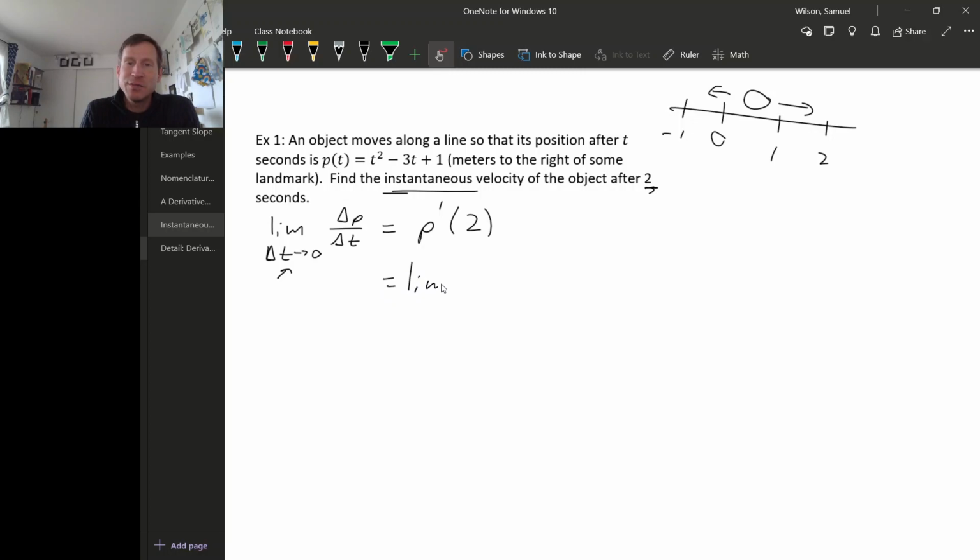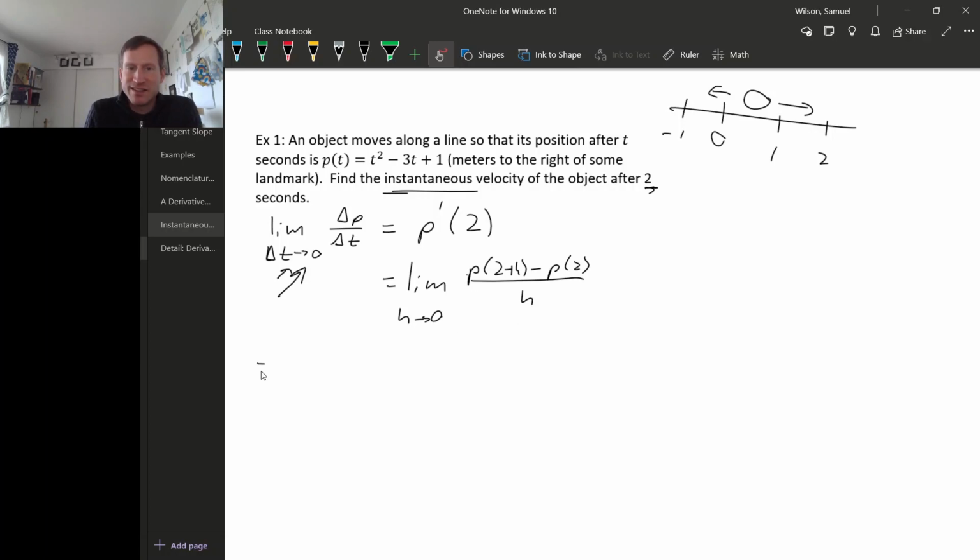So this is the limit as h goes to 0. We could use this original quotient here, but let's rephrase things in terms of our usual notation with h. So we need p of 2 plus h minus p of 2 over h.